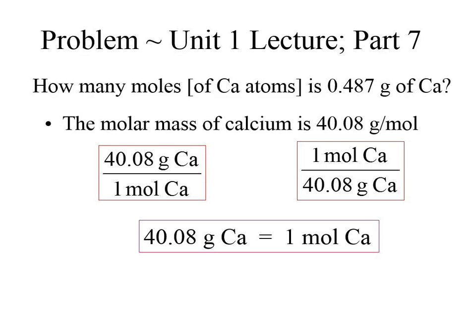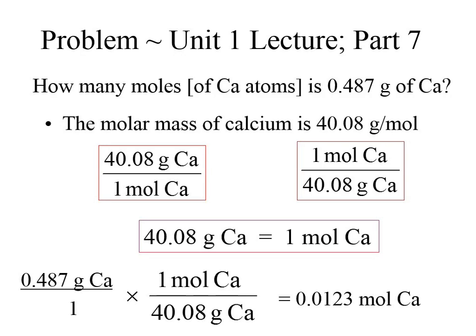We could flatten it out too. Then we worked a problem, exactly like your homework. You start with the thing you want to convert, which is grams of calcium over 1. Then we use the molar mass. I usually don't even know whether I'm multiplying or dividing. I just put down the molar mass, and I want grams to cancel, so we use the flipped version. We're left with units of moles, rounded to 3 significant figures. So you have that in your notes.